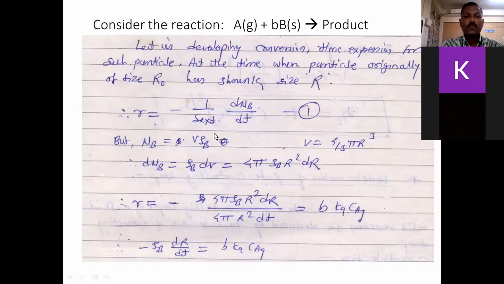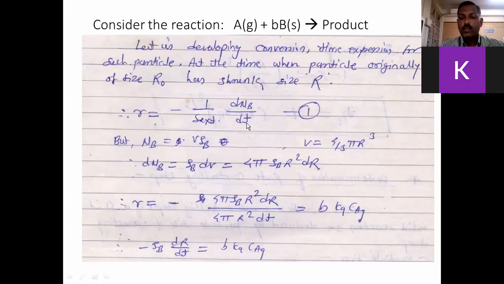The rate of reaction is given by minus 1 upon S exterior into dNB upon dt, where S exterior is the exterior surface of the particle, dNB is the change in number of moles of B, the solid particle, and dt is the change in time.